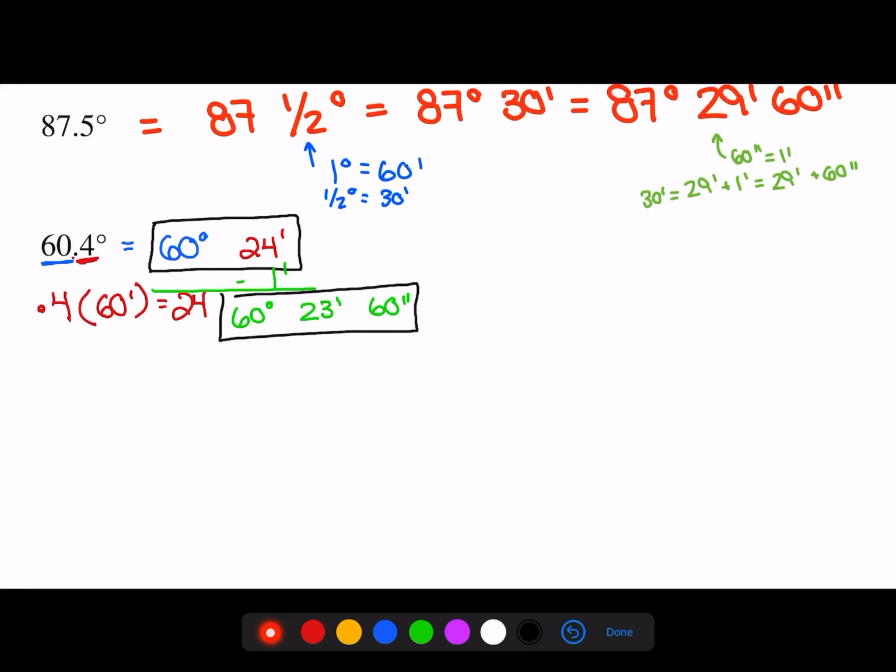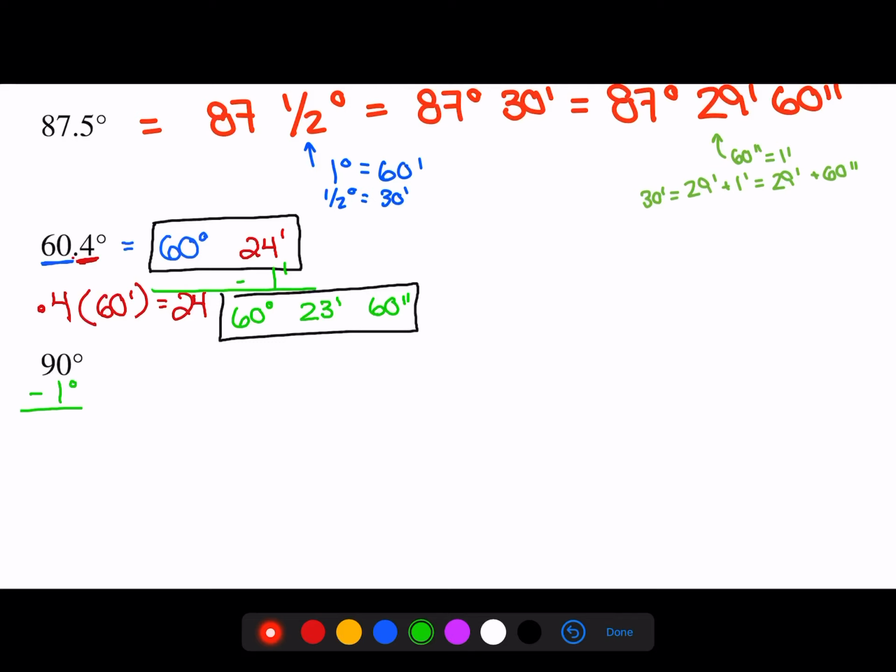All right, next up, 90 degrees. There it is, 90 degrees. So if I have 90 degrees and I need to convert it to degrees, minutes, and seconds, this time we notice that we don't have a decimal. So if I don't have a decimal, I'm going to do what we were doing to our minutes. I'm going to go ahead and subtract 1 degree.